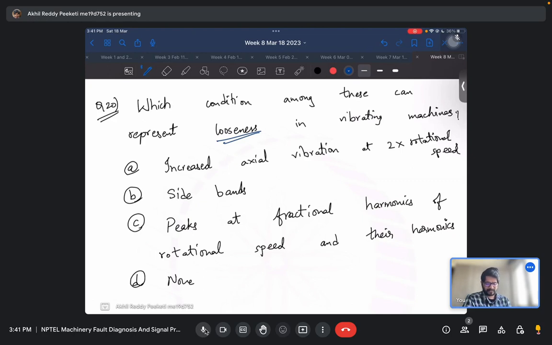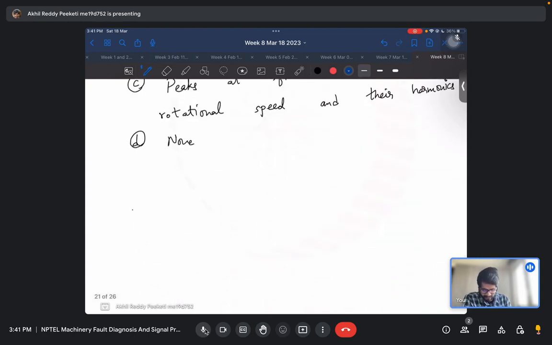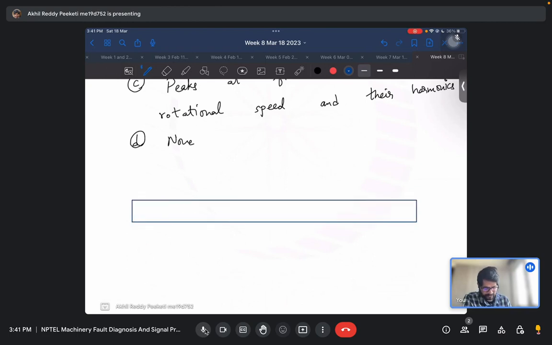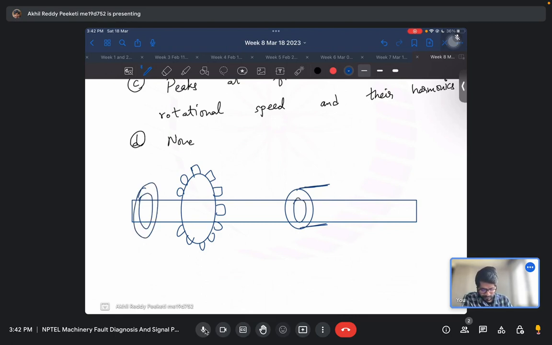What exactly does looseness mean? So in general, when you have a rotating shaft, it may be connected to gears, it can be connected to pulleys, or it can be connected to ball bearings.